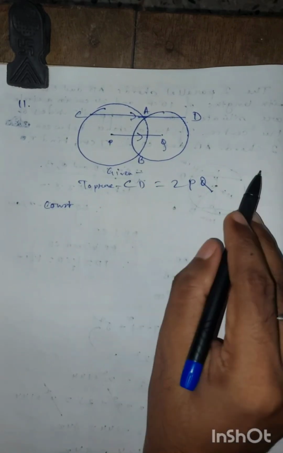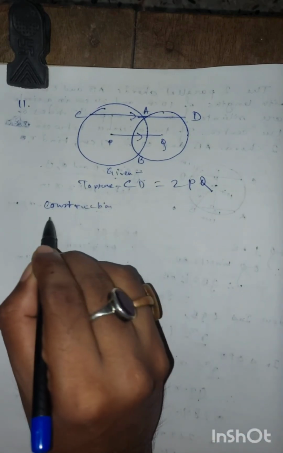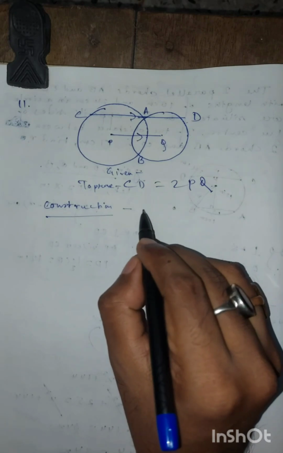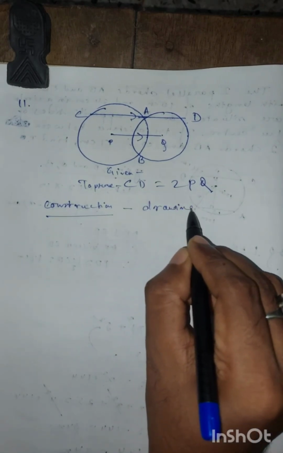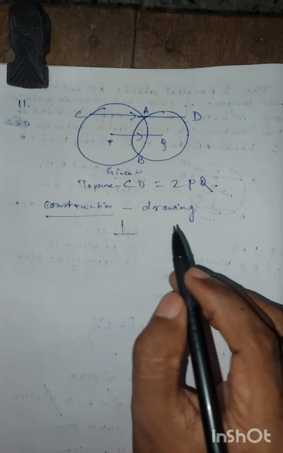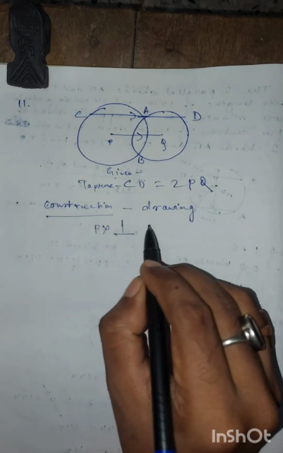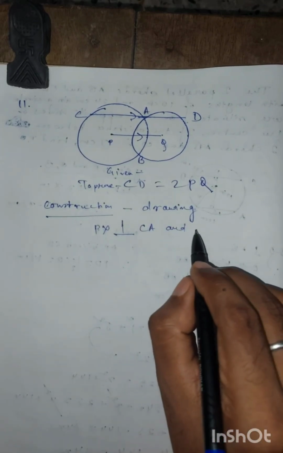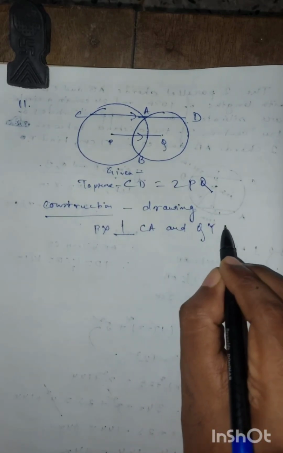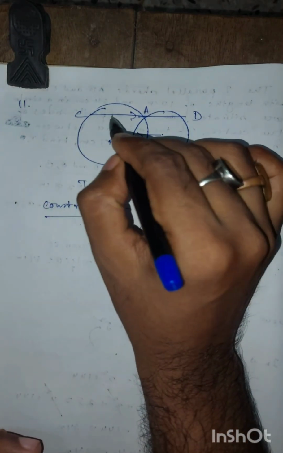You can write the given part. So we are drawing two perpendiculars.